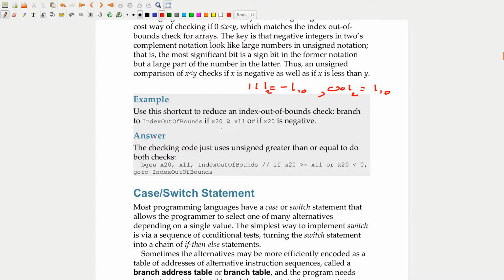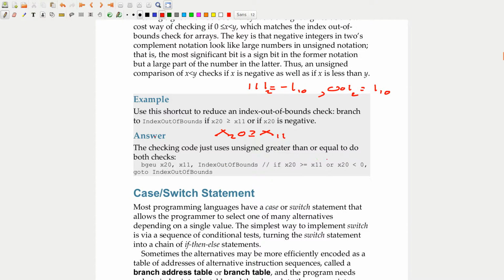They want to check if register 20 is greater than or equal to register 11, if x of 20 is negative. So branch greater than or equal to, we want to check if x of 20 is greater than or equal to x of 11.